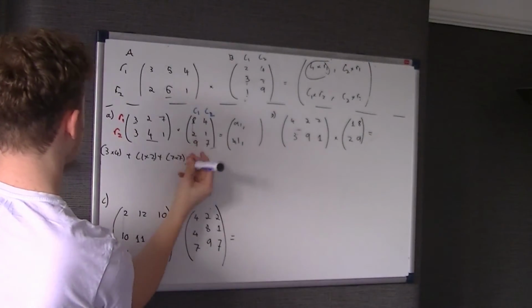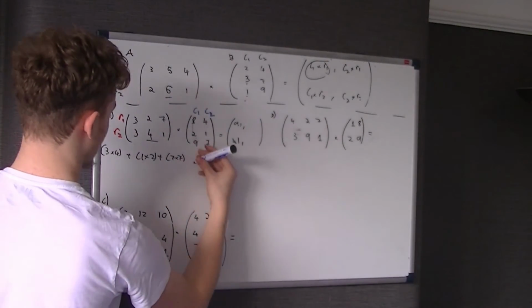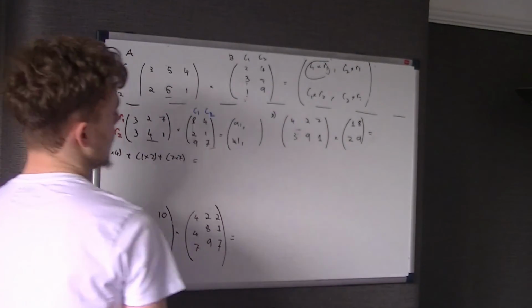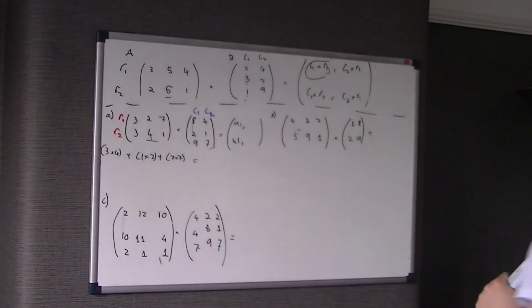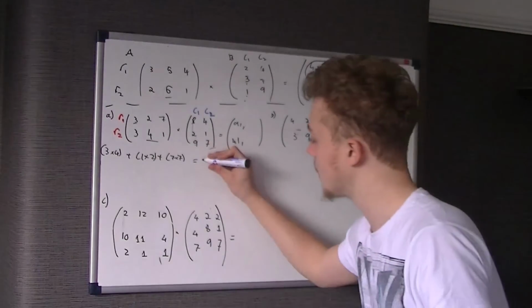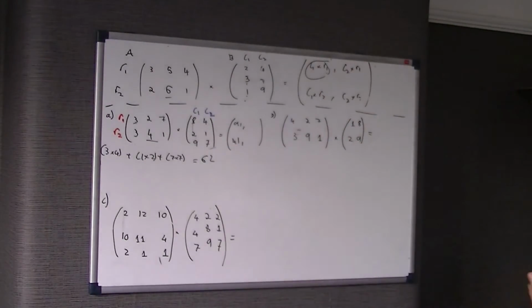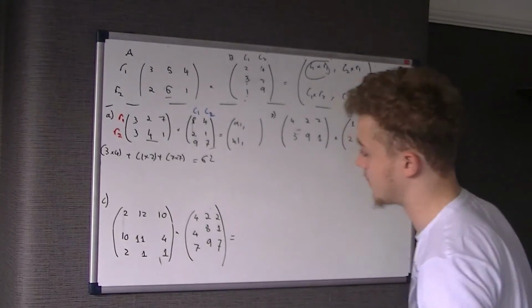So it's 12 plus 2 plus 49. In other words, it's 13 plus 49, which is 62. Just double check, that's 13 plus 49. Yes, it's 62. Don't know why I doubt myself.